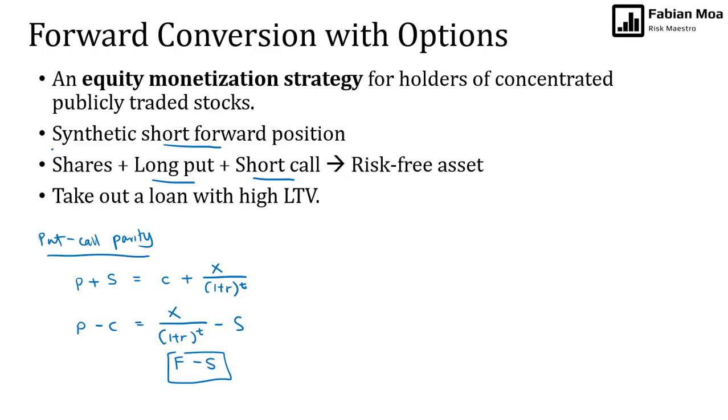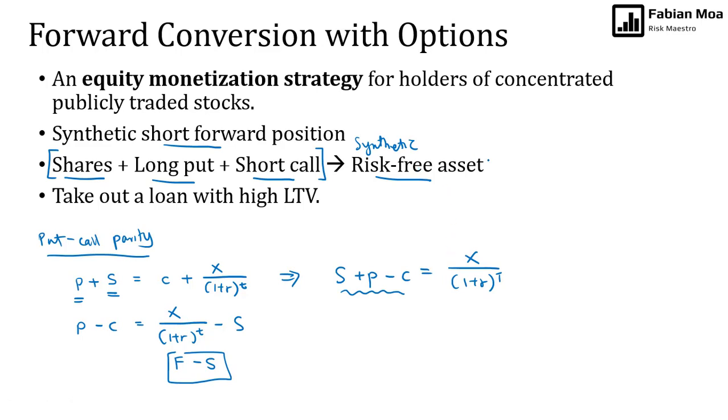How does this strategy convert it into a risk-free asset? If I were to rearrange this: shares, a long put and a short call. If I transform the shares, a long put and a short call, that will only leave us with the risk-free bond, which is X over (1 plus r) to the power T. So by doing this, we are effectively converting the position into a synthetic risk-free asset.